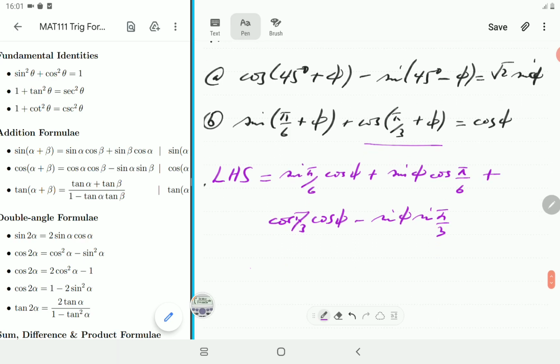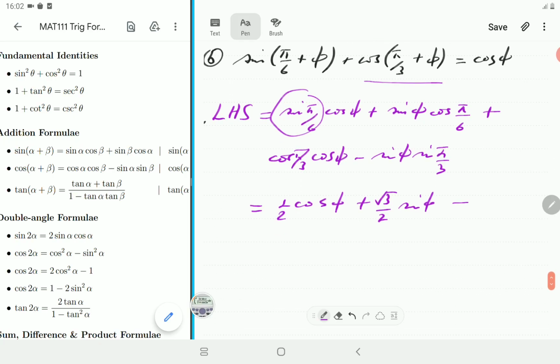And then just remember pi on 6 is 30, so sine 30 is 1/2 here, so it's going to be 1/2 cosine phi plus, and then cosine 30 is root 3 on 2, okay, then minus, and then cosine 60 here is 1/2.